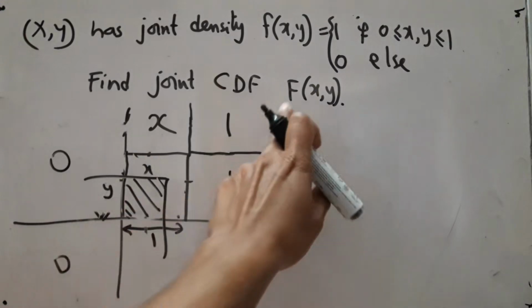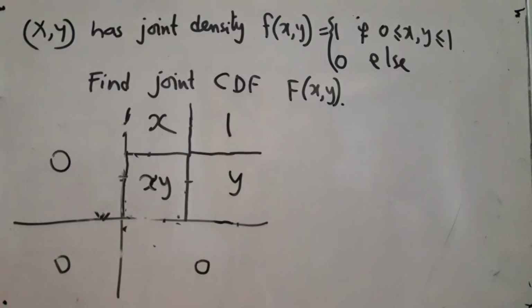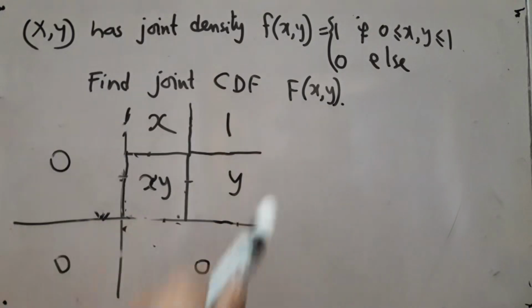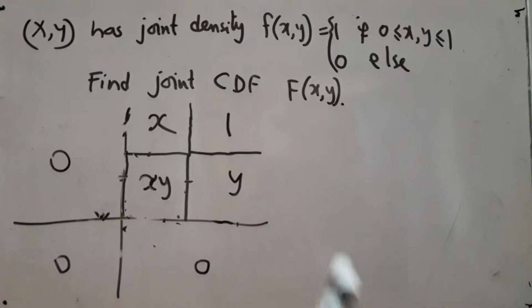So the value of F_XY over this square is x times y. So we have obtained capital F_XY and it is given by this. Of course, I can write it as F_XY equal to this if this, equal to this if this. I can write a long set of clauses because there are 7 parts, so there will be 7 if clauses, but it is easier to just write it in this pictorial form.